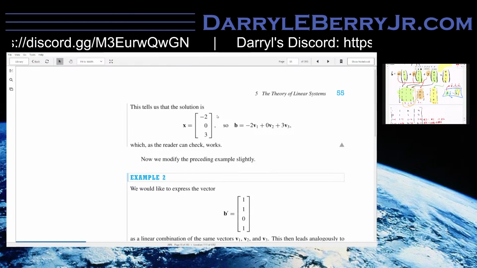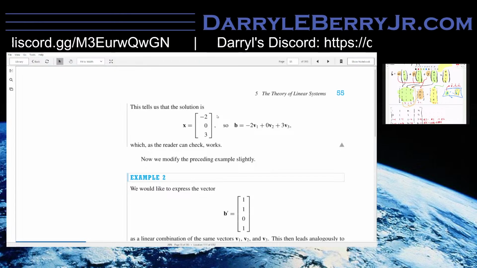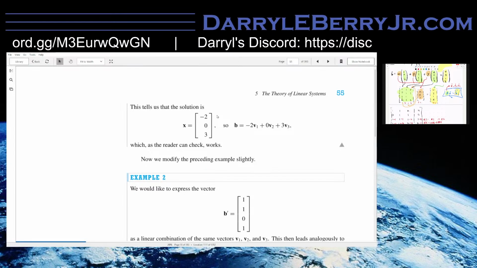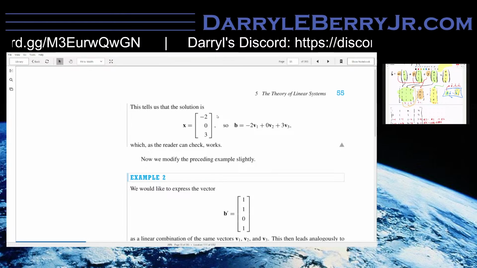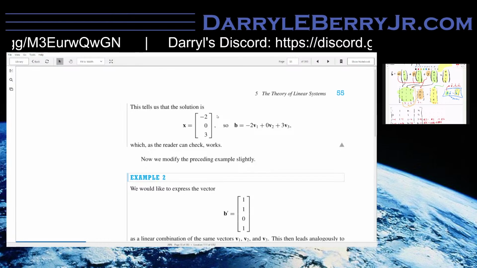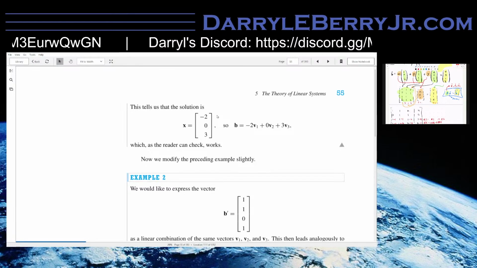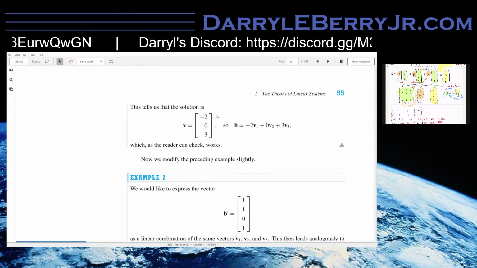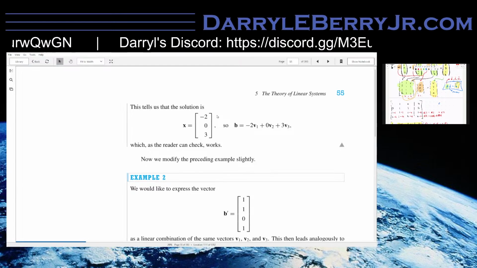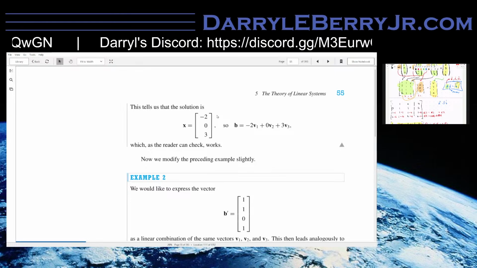I guess technically we can call this what? Variable answer. I'll call it little a. These are the scalars, and it is going to equal v. And I guess technically, I wonder if this can be solved with something like A equals B times A inverse.